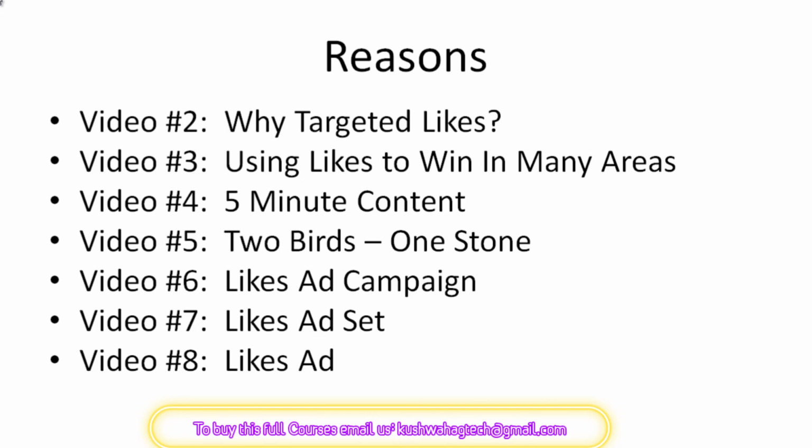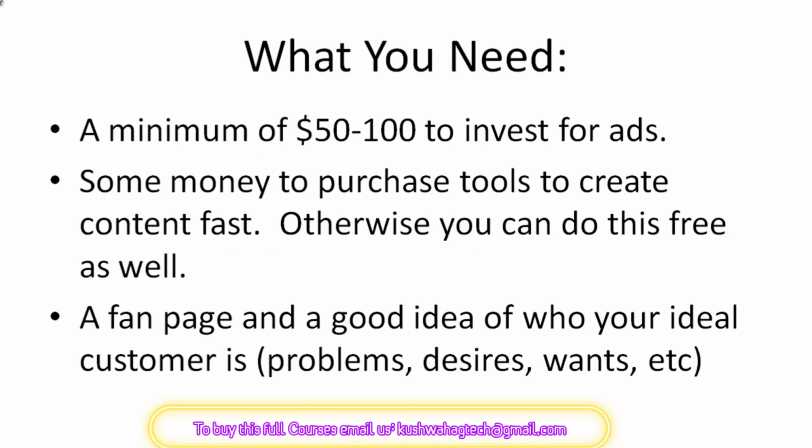In video number 5, we'll talk about how to kill 2 birds with 1 stone. And in video number 6, we'll talk about the likes ad campaign, which brings us to the like ad set and the likes ad. So videos 6, 7, and 8 are just the steps that you need to take to actually run an ad campaign. Now here's what you're going to need.